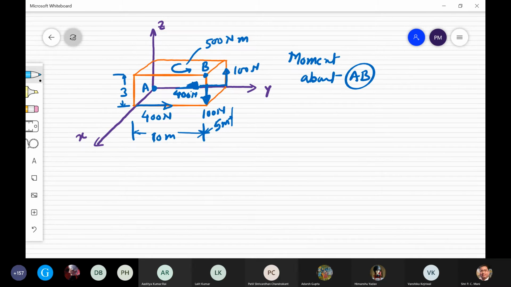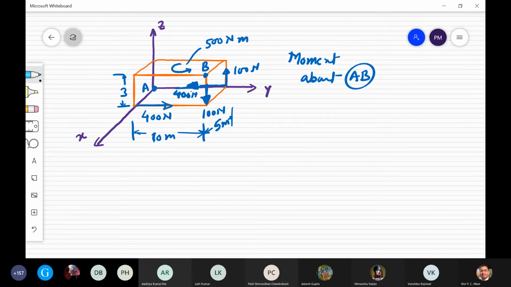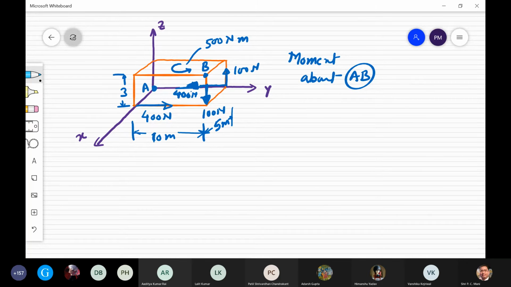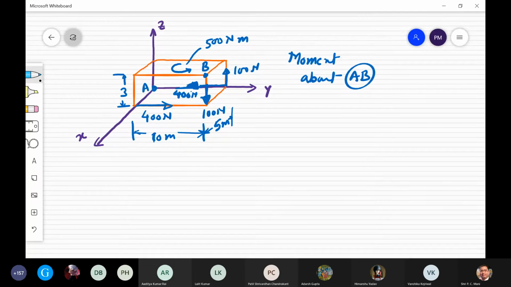This one is the solid diagonal AB. From here to here, you have to take the solid diagonal A to B.